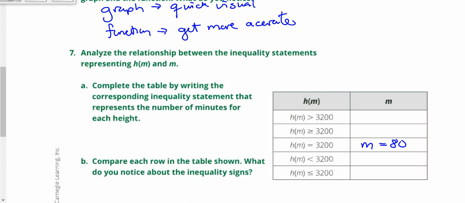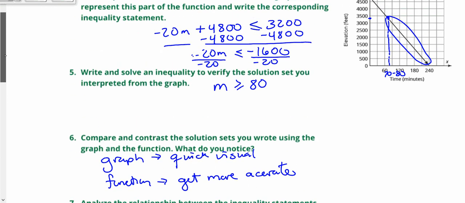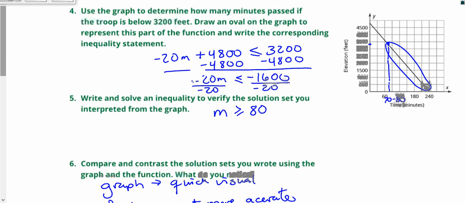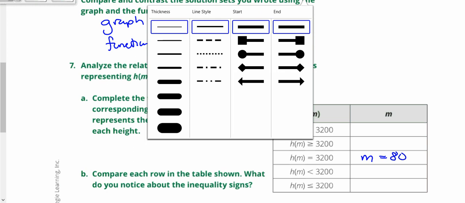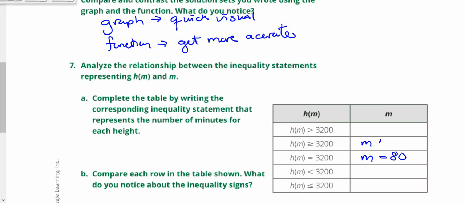When h of m is greater than 3,200, if we look here, it's this part up here, which corresponds with this part down here, then m is less than or equal to 80. And when it's just greater than 3,200, m is less than 80.